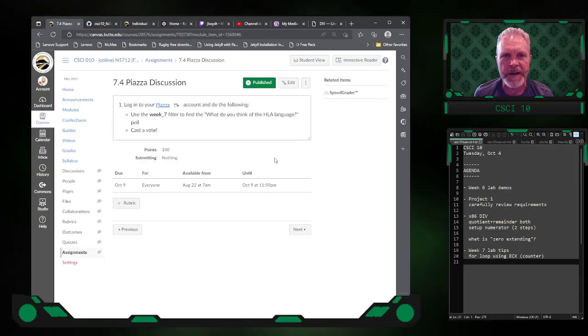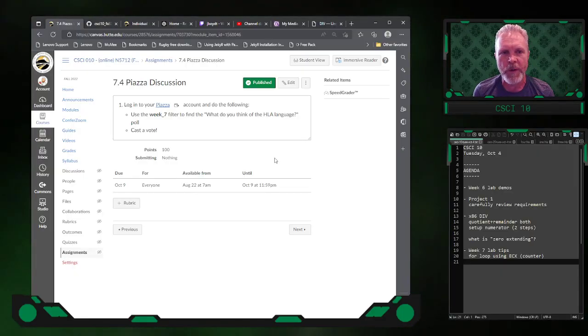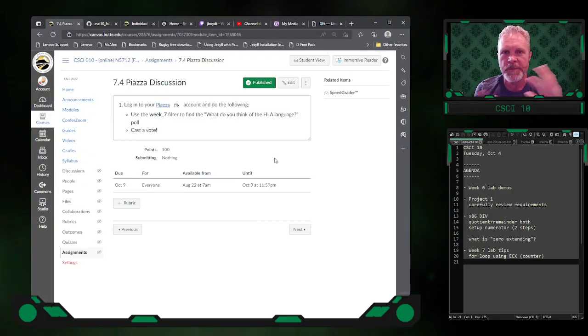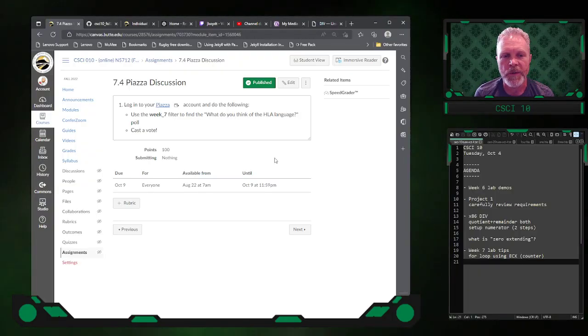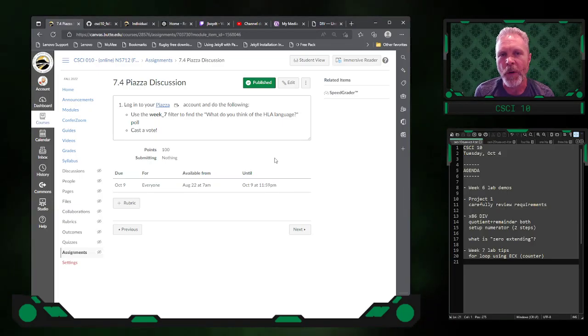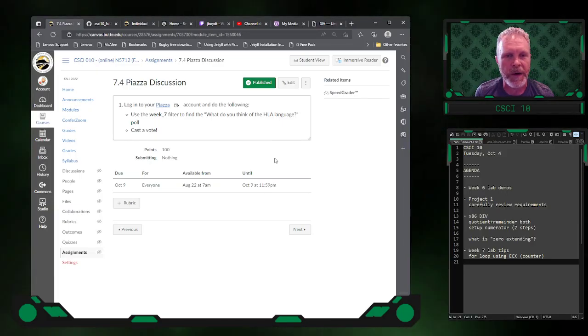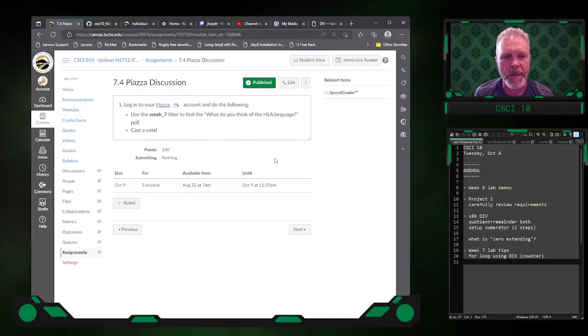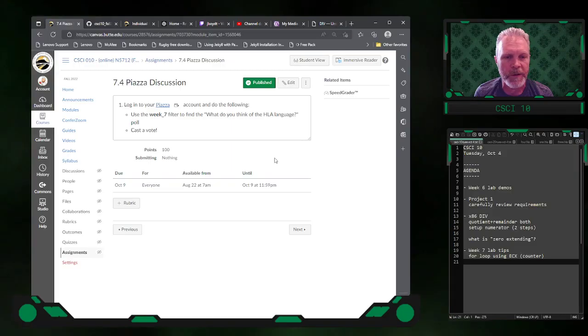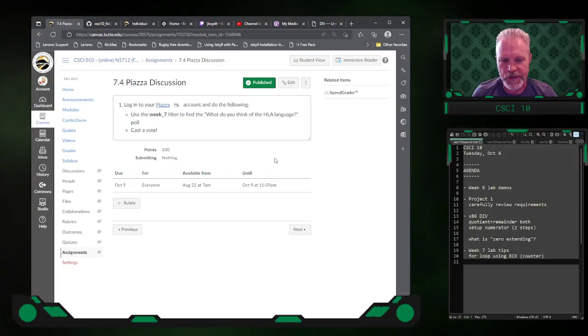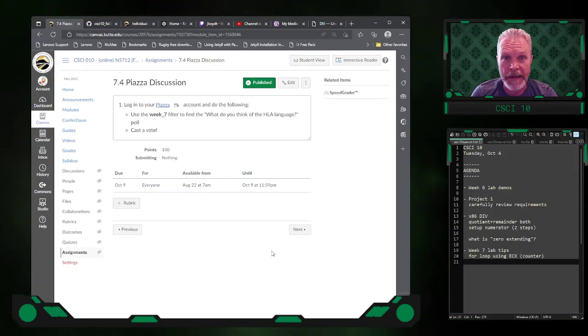One person has turned it in, and I think maybe 3 or 4 people, from what I can tell, just in interacting with people, may have finished already. But anyway, it's just a poll, so you go vote in it, and it doesn't require research, and there's no commenting required. It's still just to keep us in the habit that every week we do a discussion, but you'll find the discussion is a break this week.